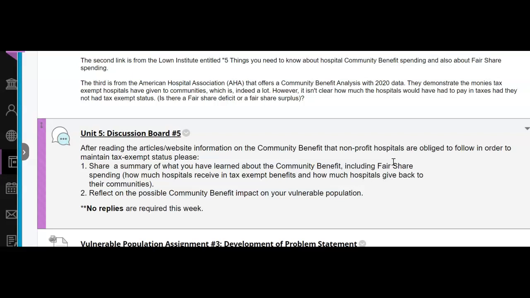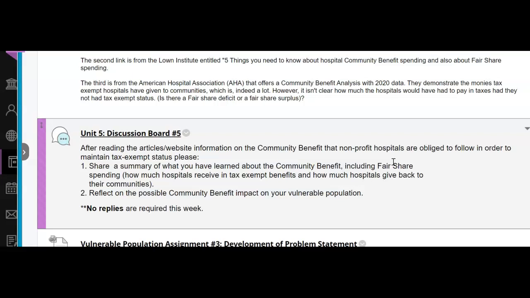You would think it would be all the money, right, that they receive in tax exempt benefits that they give back to their communities.